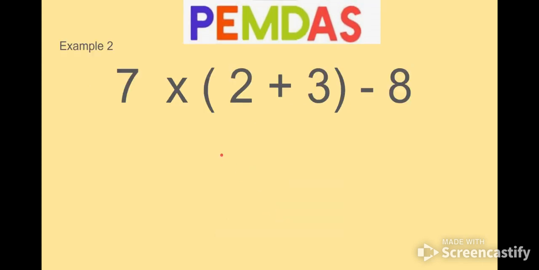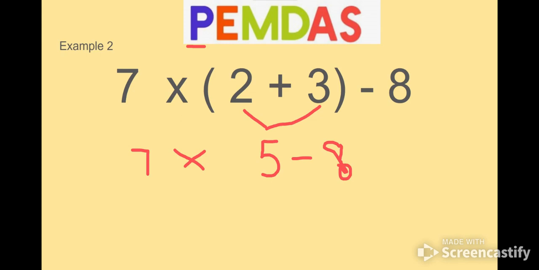Okay, so in example 2, we do have parentheses. So we need to do 2 plus 3 first. Okay, so 2 plus 3 is 5. So we have cleared the parentheses. So 7 times 5 minus 8. Ooh, sorry, it's bad 8. Let me fix that.